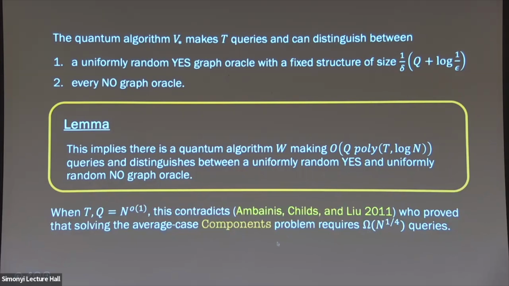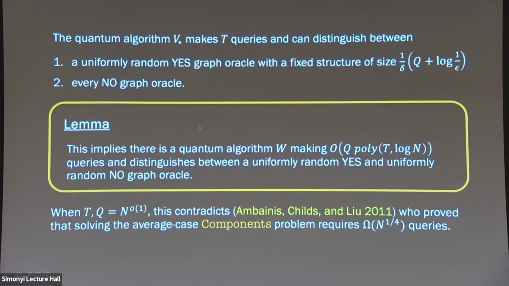Where are you using the expansion of the non-instances? We're using both expansion of the yes instances and the no instances. So when you pick a uniformly random graph that's a yes instance, it's an expanded graph in the two disconnected components. So what is used in the proof?